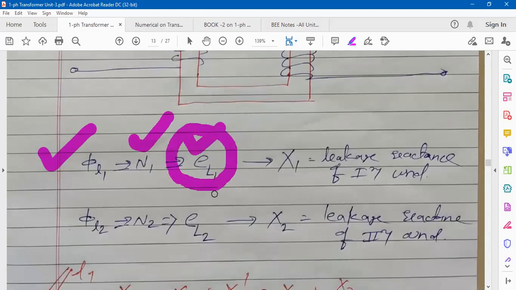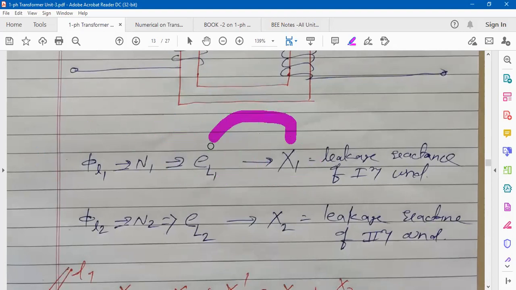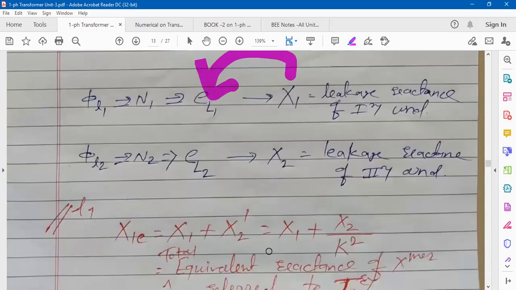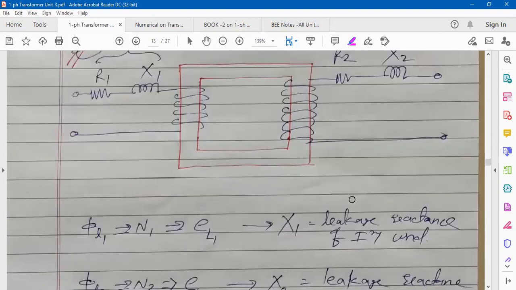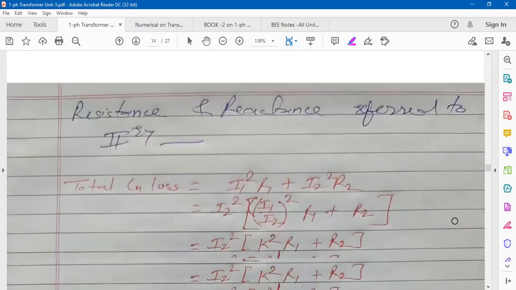To consider the effect of this on the primary winding, this leakage reactance is considered, and whatever is the voltage drop across the leakage reactance is equal to this. Same is the case on the secondary side. Voltage drop across X2 is equal to EL2, the induced EMF in the secondary winding because of leakage flux. Now I will show you the equivalent circuit of the transformer first.